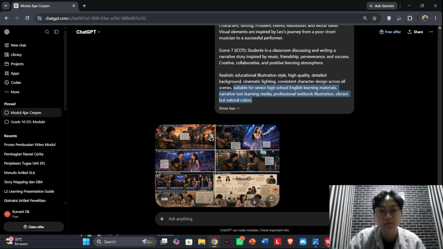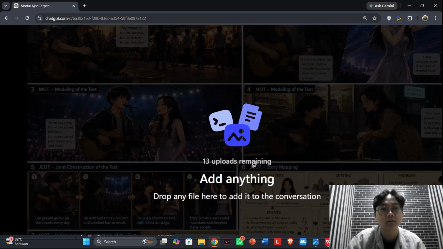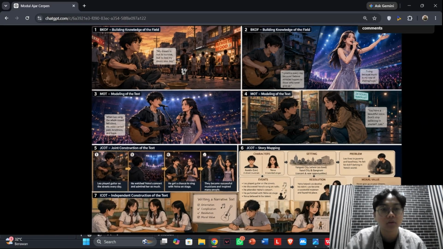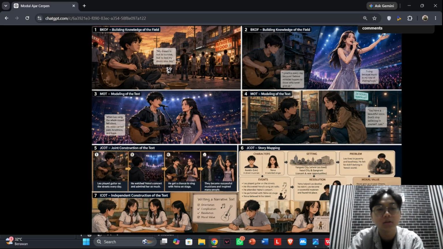And then, guys, in the first scene, this illustration introduces Leo as a street musician.